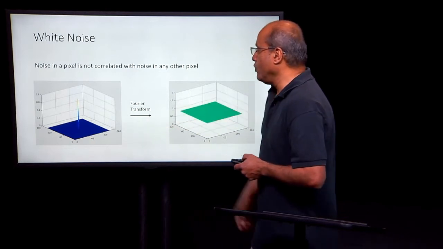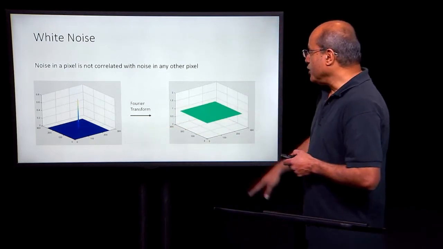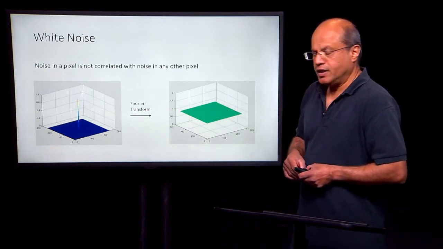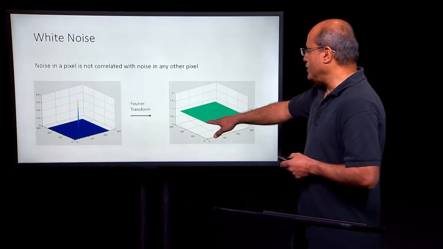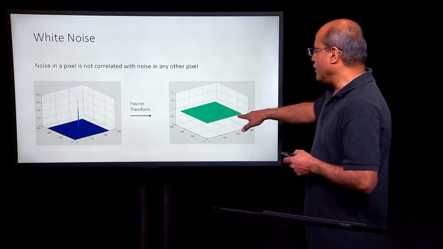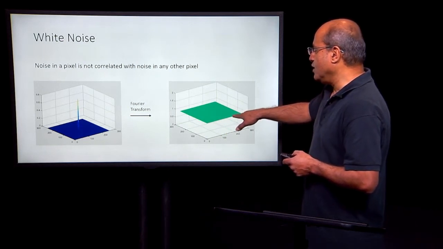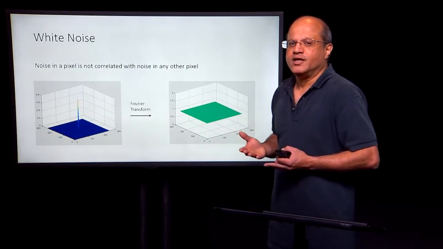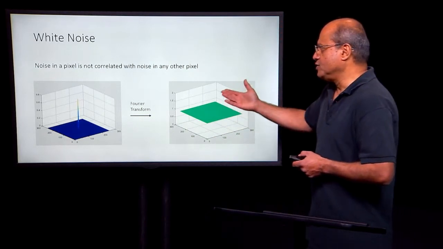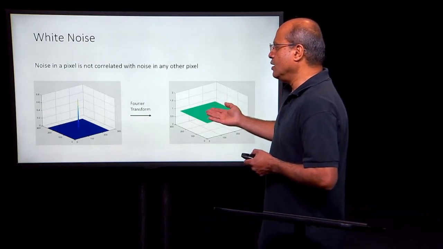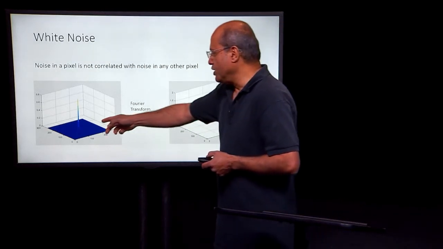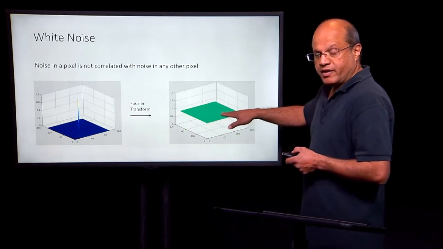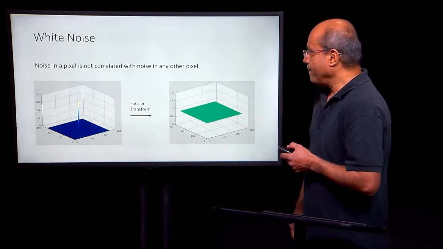And if you take its Fourier transform, then the magnitude of that Fourier transform turns out to be a completely constant function. And that's why it's called white. So if you think of the frequency roughly as color, then this has all of the colors. So in some sense, it looks white. And that's why this is called white noise. The important part is that the autocorrelation function is a spike, and its spectrum is completely flat.